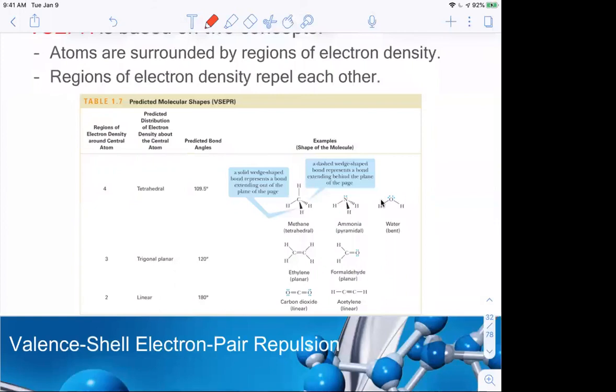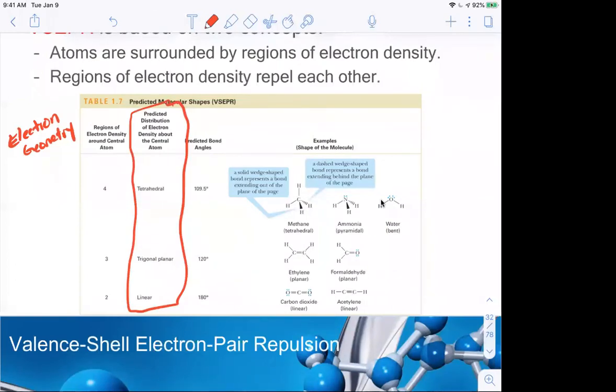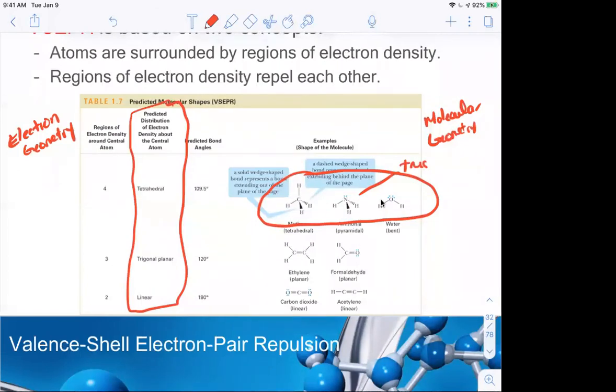And remember, I have electron geometry, and that's going to be dictated here by the number of groups. But I also have molecular geometry. And really, I only care about these molecular geometries. So this is going to be trigonal pyramidal.